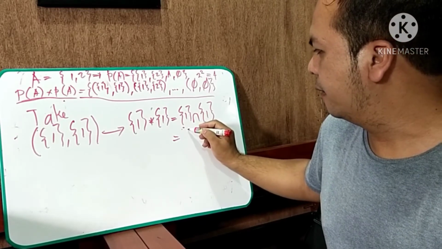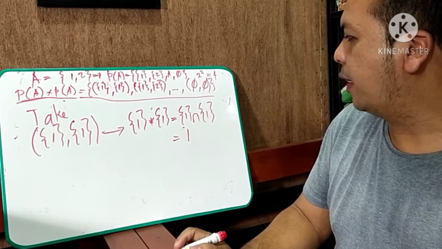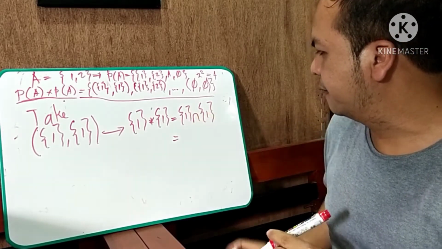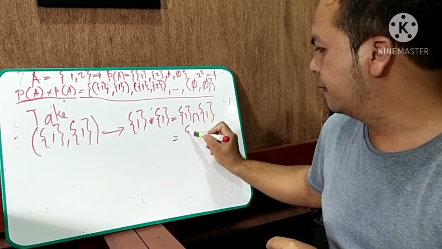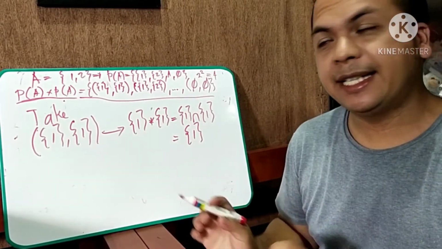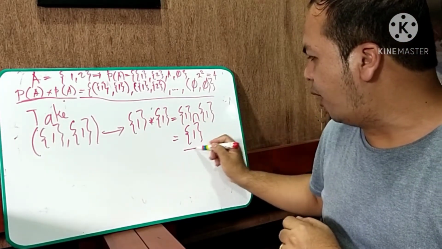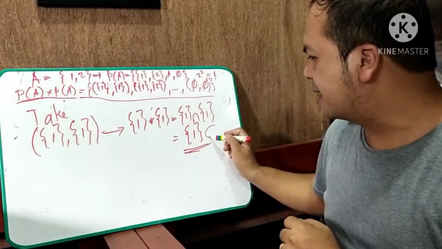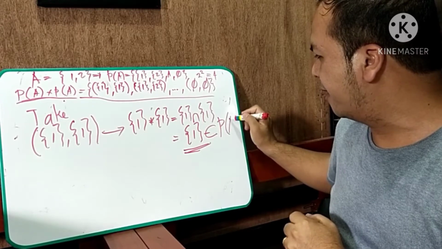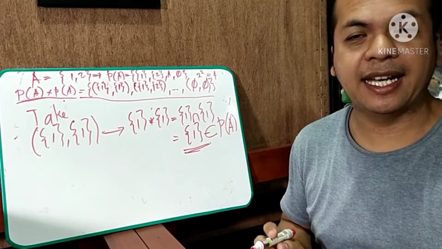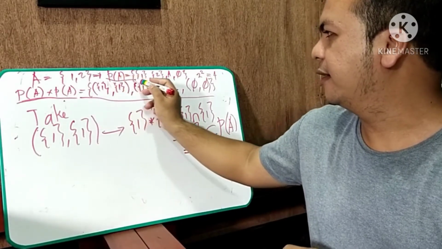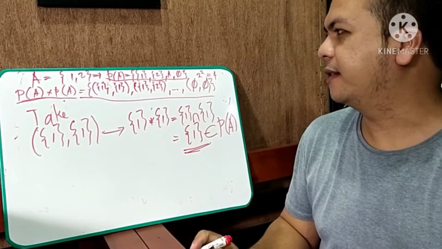The intersection is the set containing 1. And alam natin na itong set na to is an element of P of A. Okay, an element of P of A.